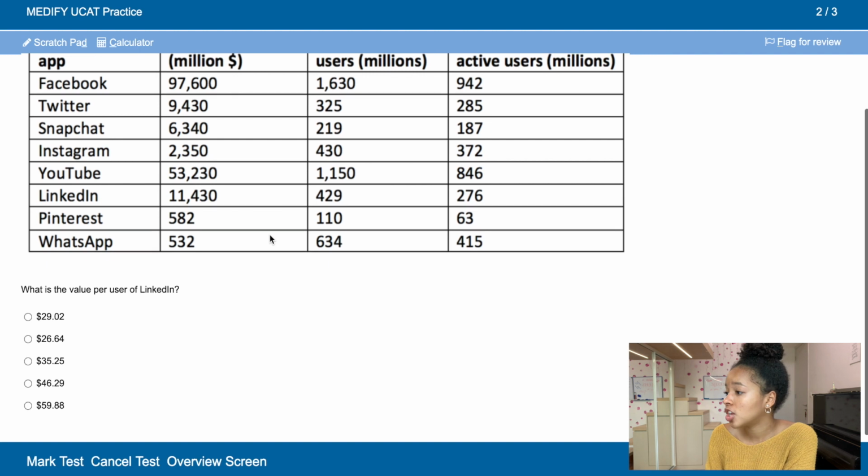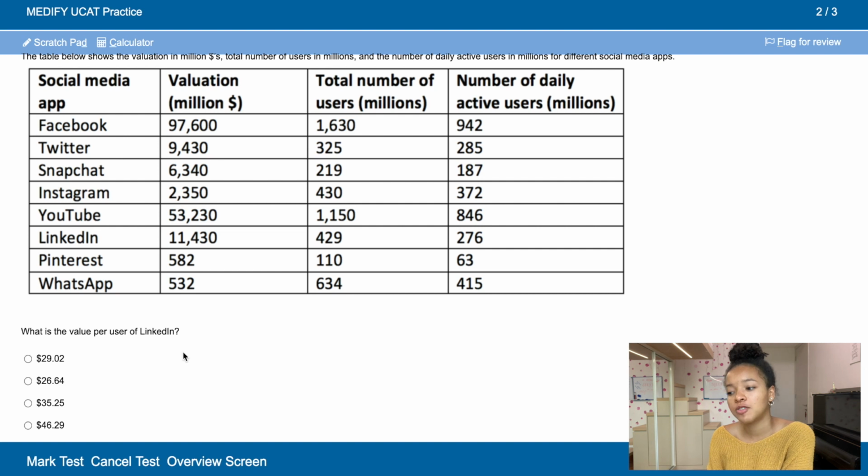The next question is, what is the value per user of LinkedIn? This question is rather straightforward. Again, you would use the calculator to answer it. Because you have the total valuation of LinkedIn here, 11,430, and you also have the total number of users of LinkedIn, you just have to divide the total valuation by the total number of users to figure out the value per user of LinkedIn.